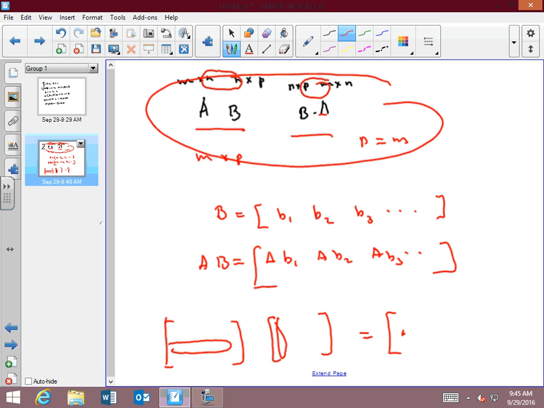If there's 1, 2, 3 rows and 1, 2 columns, and this is the second row, first column, then you have to have multiplied this row times the first column to get it. That's all they're telling you there.